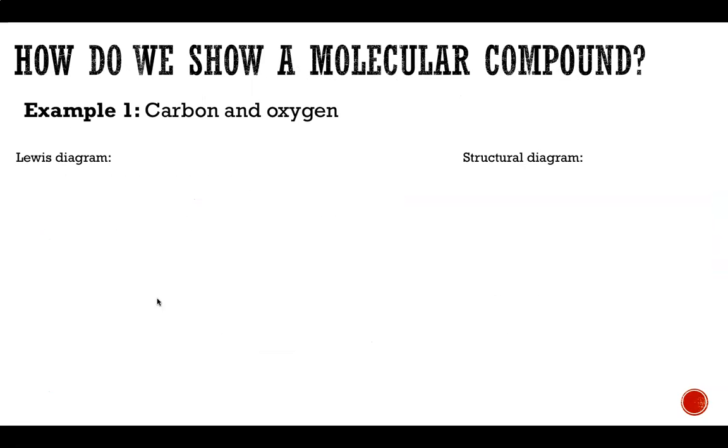Okay, so how do we show a molecular compound? So we're going to go through the Lewis diagrams for a couple of these just to kind of get the hang of it. So if we have carbon and oxygen to start with, let's show the Lewis diagram of both carbon and oxygen.